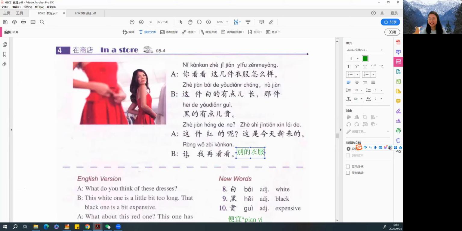So it's very useful if you are also this kind of person to learn this 让我再看看, especially when you are in China and going shopping. You don't want those shop assistants just to keep following you and making their suggestions. This sentence is very useful.